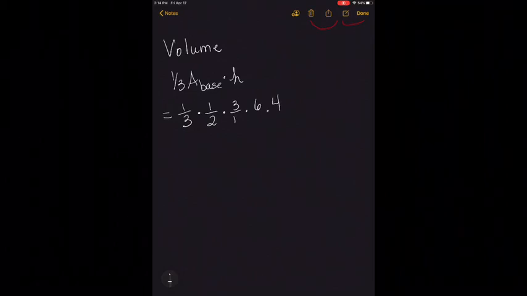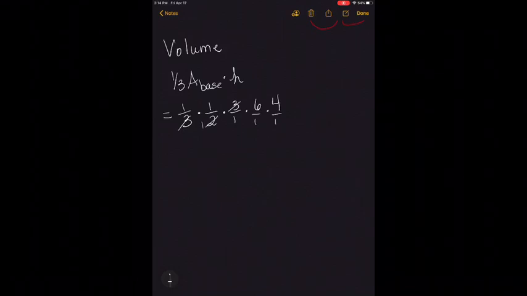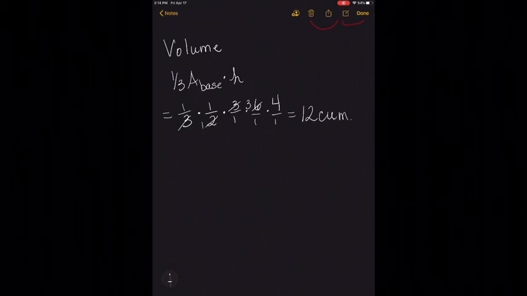Okay, and then it tells us that the height is 4 meters. Okay, so now we can just start cross-canceling at will. We can cross out our 3's, our 2 becomes a 1, and our 6 becomes a 3. 3 times 4 is 12. So it's going to be 12 cubic meters because remember it said dimensions were in meters, and we know it's cubic because it's volume.